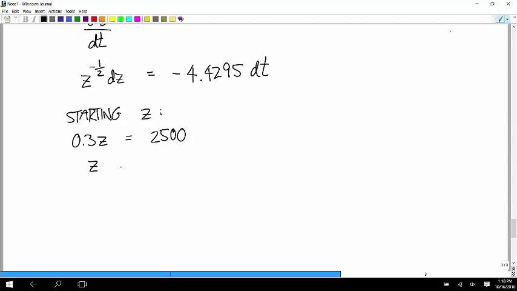And so z is huge. Well, what's that going to be? 8333. That's meters. I don't think anyone makes tanks like that.